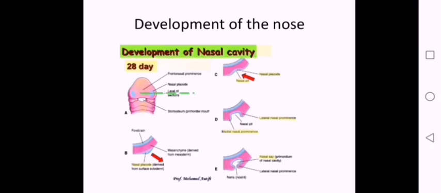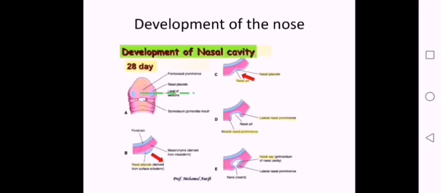As we may all know, in the area of the face and here in the area of the forebrain, three prominences appear. The first prominence covers the area of the forebrain and is called the frontonasal prominence.